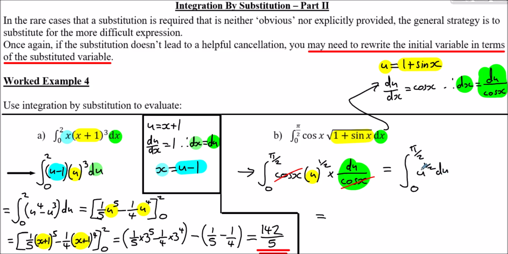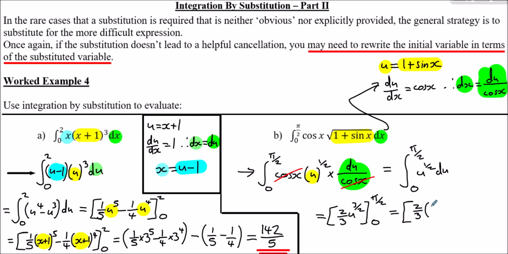Integrate u to the 1/2. That's obviously just going to go to 2/3 u to the 3 over 2. So I've got 2/3 u to the 3 over 2 between pi over 2 and 0. But u, I said, is 1 plus sine x.